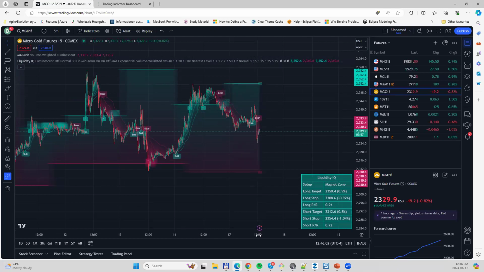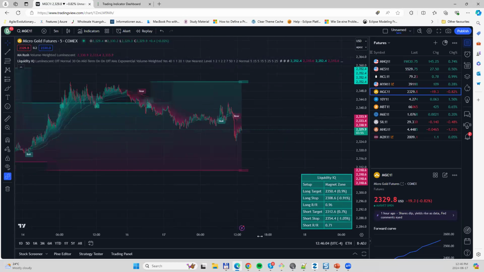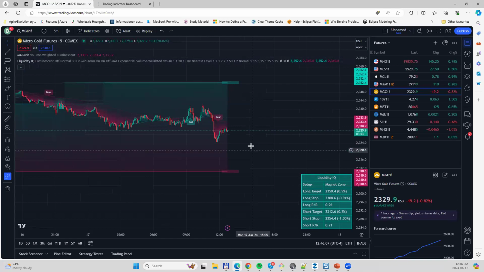And if we were to play this trade, if we were to bet on the fact that gold is going towards the support zone, our indicator actually shows you where we should put our target. Well, the target would be at 2,312. So just about here, just above the support zone. Why above? Well, because it's support. Price may bounce off from it, and we don't want to miss our target because of that.